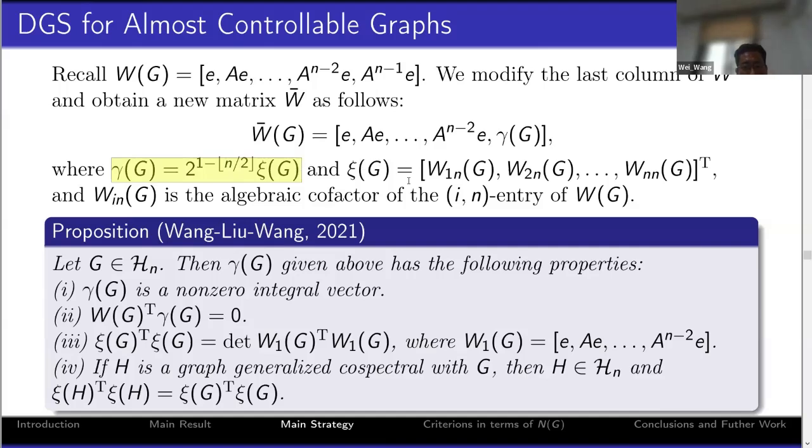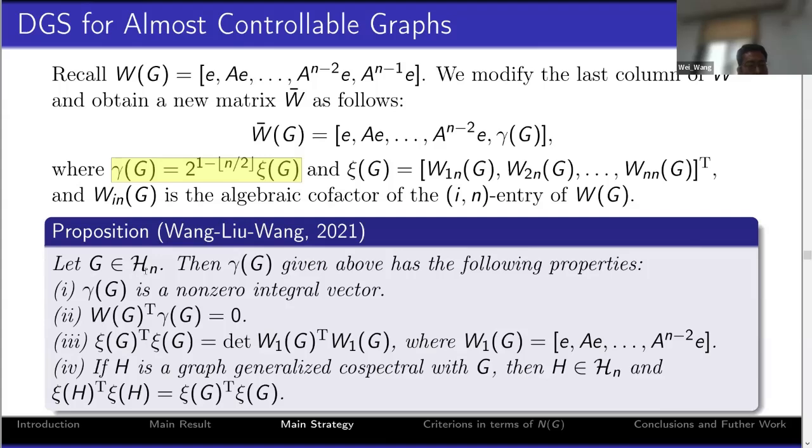And psi G is a vector. Actually, it is an algebraic cofactor of the entries of WG. So we replace W by this modified matrix. And in 2021, we obtained these properties for this matrix.